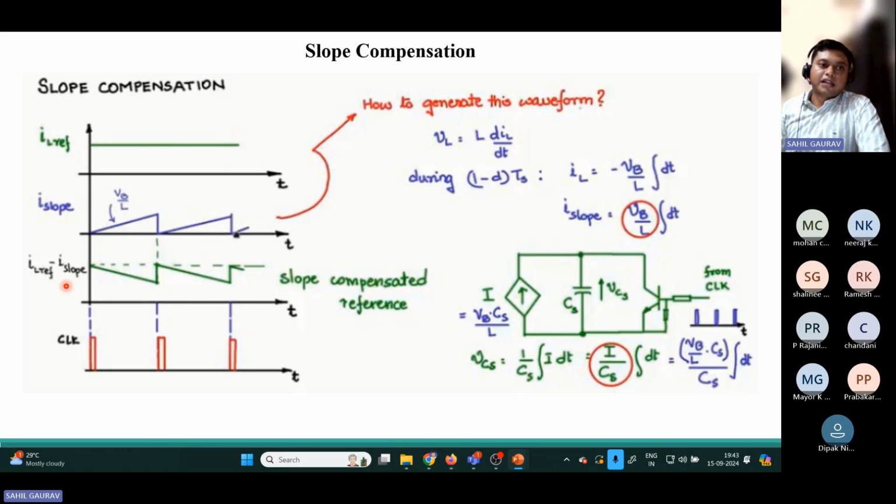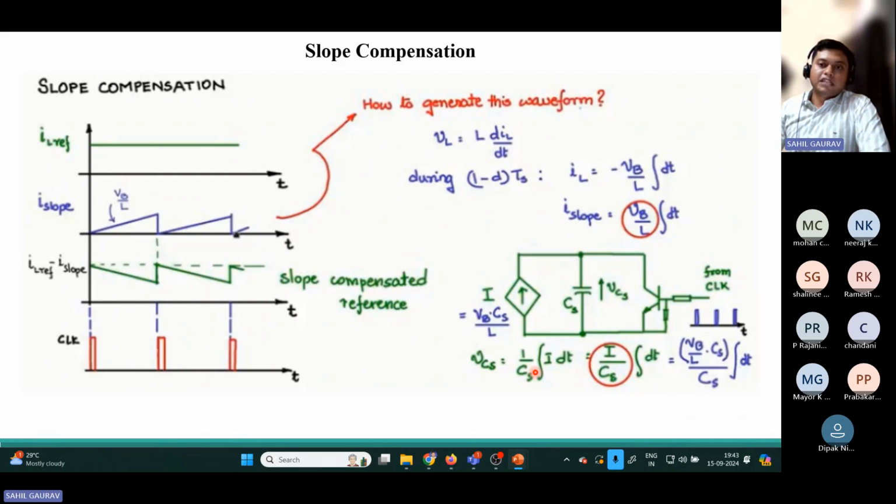You will get the slope compensator difference by subtracting this I slope from IL difference, that is, IL difference minus I slope, and you provide the switching frequency by deciding this clock. This is how we generate this waveform.